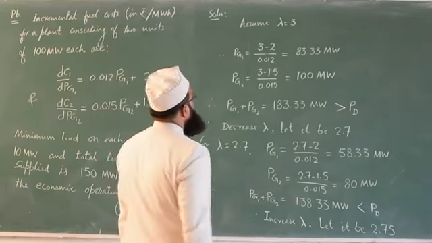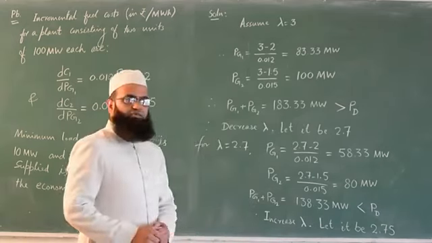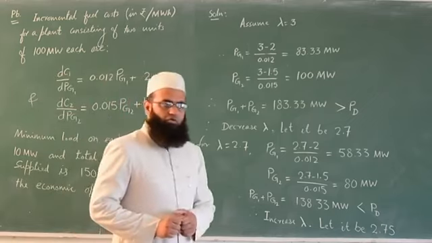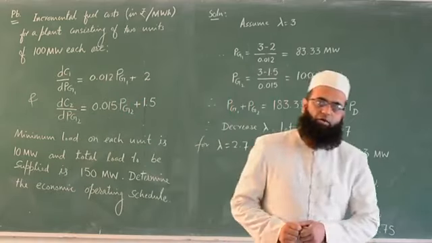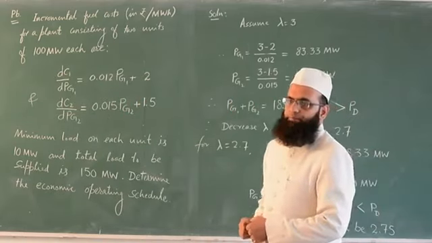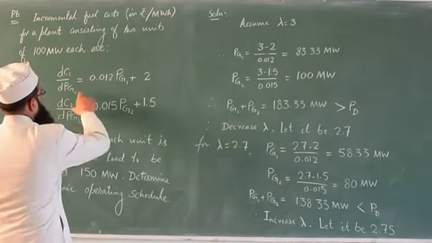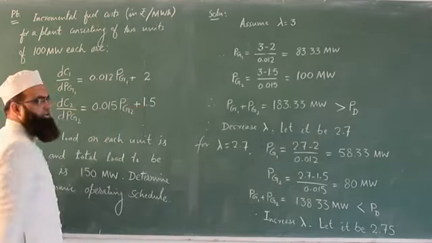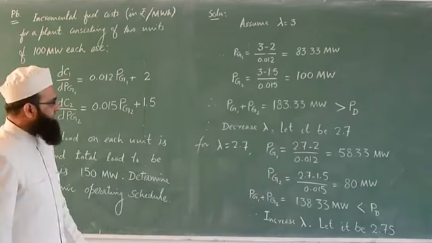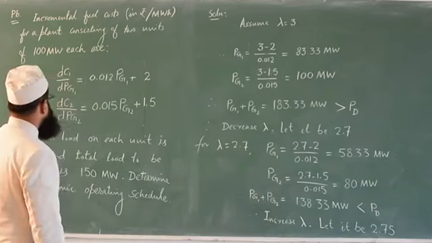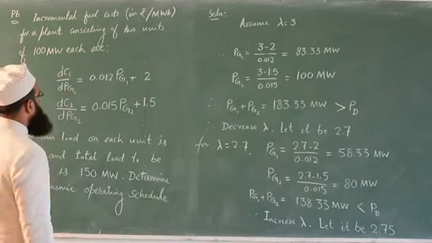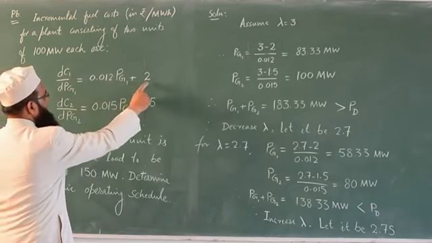Solution: the first step is to assume a suitable value of lambda. What do we mean by suitable value? It should be greater than the largest intercept of the ICs corresponding to the various generating units. For the two units, the intercept for unit 1 is 2.